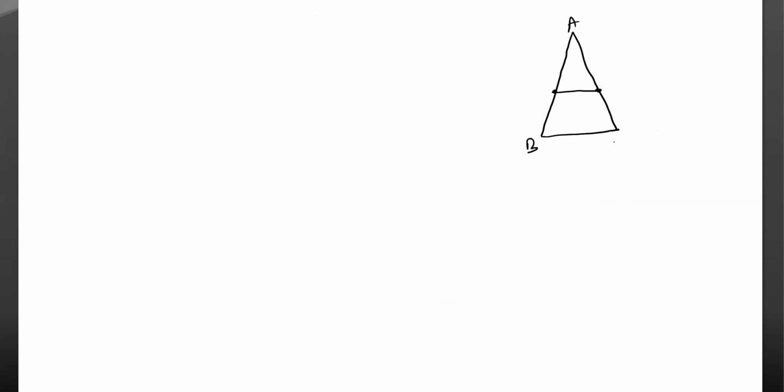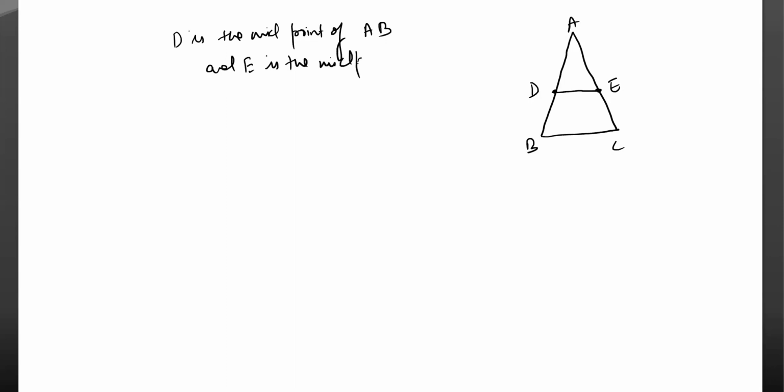For example, triangle ABC and DE. If D is the midpoint of AB, and E is the midpoint of AC, then DE will be parallel to BC and DE will be half of BC.